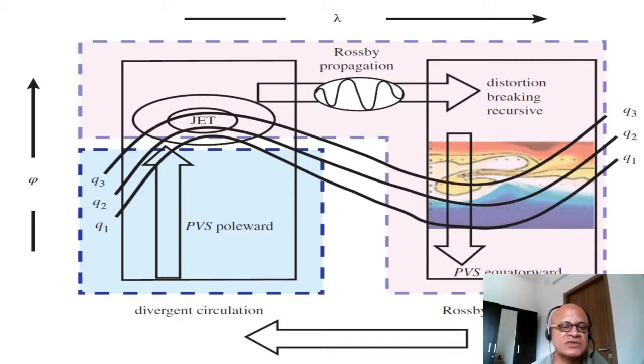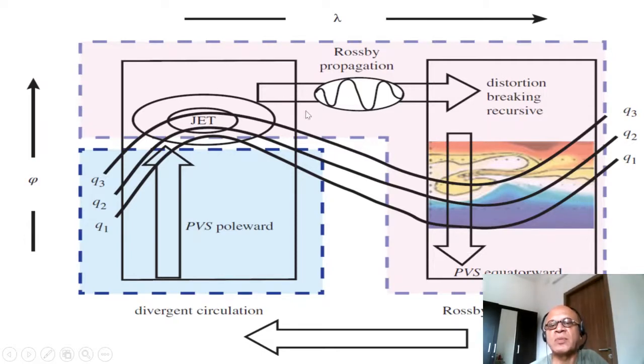I hope I'm doing this right. Yes. So this is latitude. So we have longitude. So we have certain places where energy is going from the tropics into the extratropics, where there is a mid-latitude jet. That's the PV substance. This is the zonal direction.